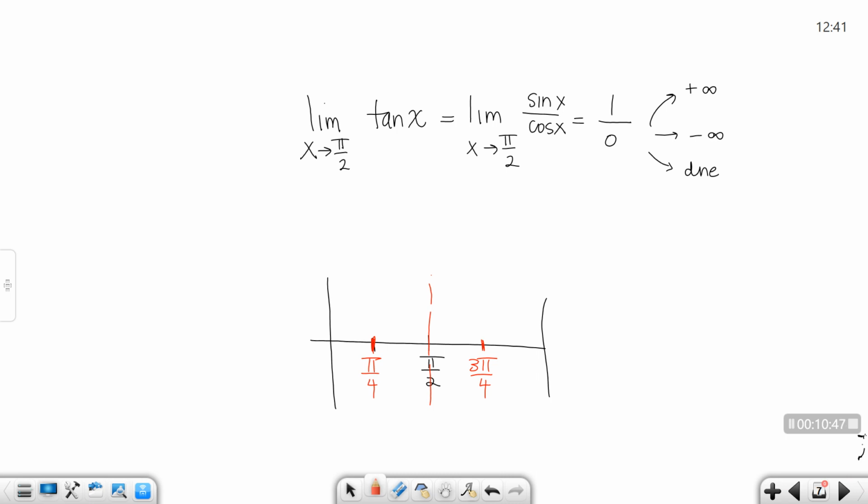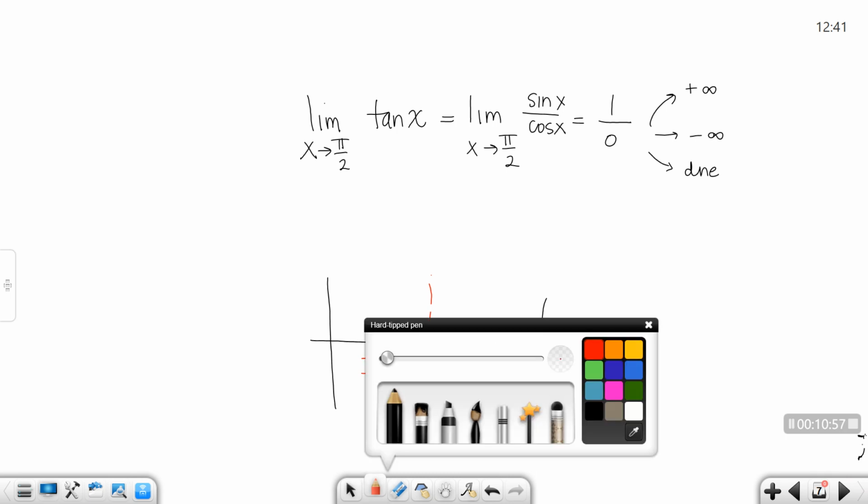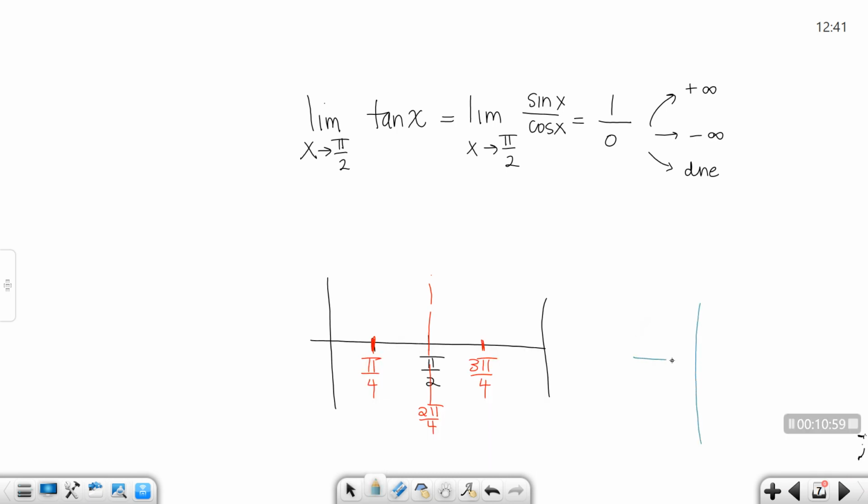I got that remembering that pi over 2 is the same thing as 2 pi over 4, so that's why I picked one on the left and one on the right. Now, I also know how those behave in quadrants. This is quadrant 1, between 0 and pi over 2, where I know that all items are positive.